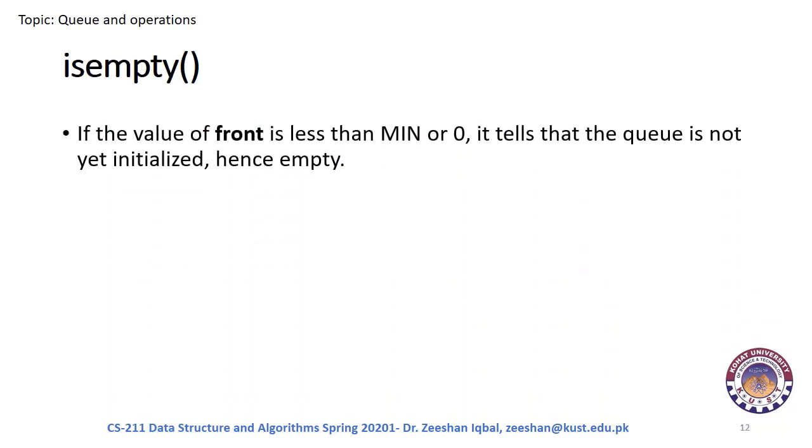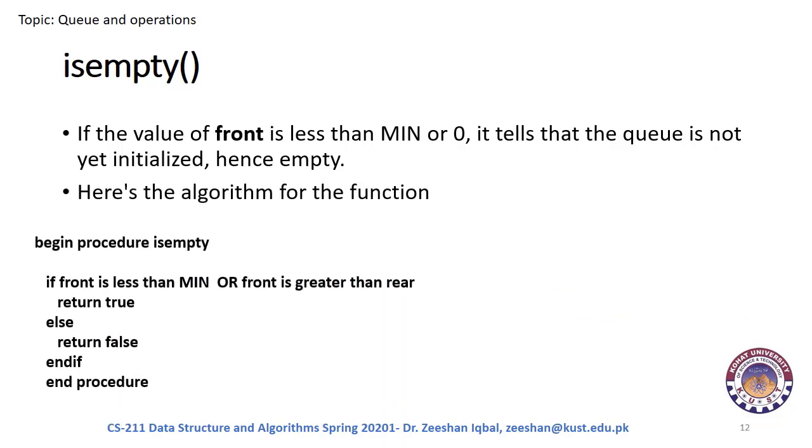The isEmpty function returns the value of the queue as true or false. In case the queue is empty, the value will be true, and if the queue is not empty, the return value will be false. If the front value is less than minimum or 0, it tells the queue is not yet initialized, hence empty. Here is the algorithm written for the isEmpty function. We will start with an if condition.